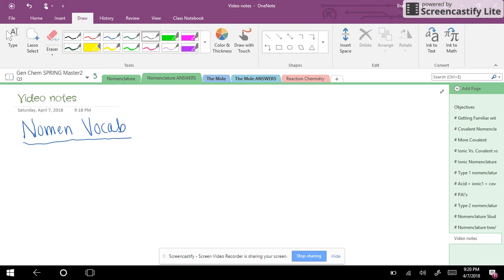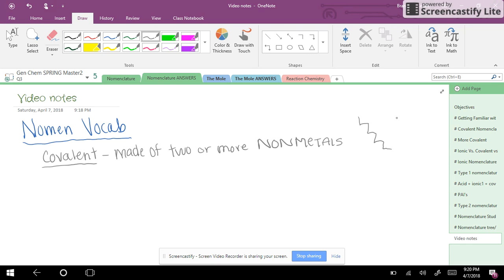So for our class, our purposes, in Mrs. Cook's own words, a covalent compound is one that is made of two or more non-metals. So non-metals are on the right side. So if we have our staircase on the periodic table over here, these are my non-metals.